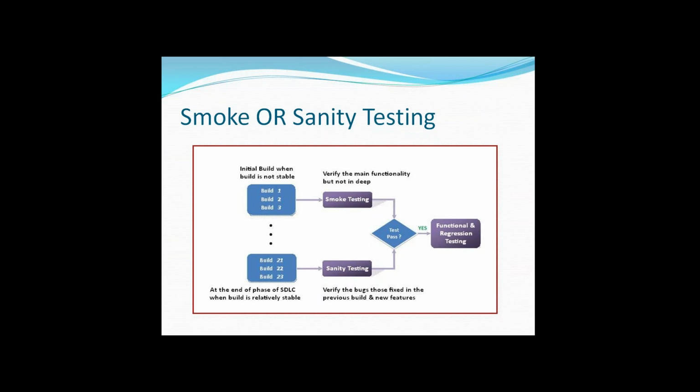If around 25 links or 100 links are there, you just have to check whether each link opens or not. It's not like functional testing. You can't test the functionality of that application. You can check whether the links are opening or not.